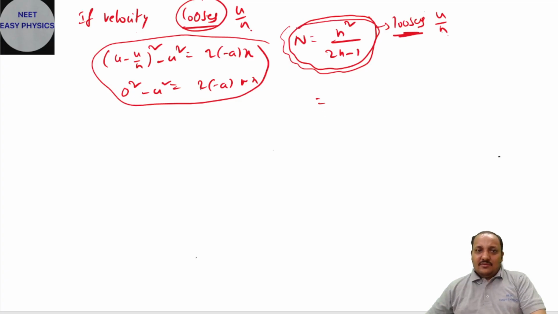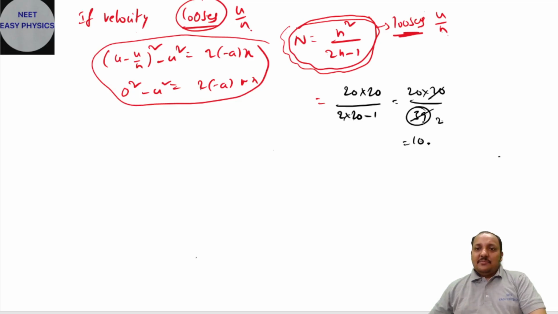Now, same question with 1 by 20th part: 20 into 20 by 2 into 20 minus 1, so 20 into 20 by 39. If you take nearly 40, this cancels 2 times, so you get 10 point something, because here it is 39. 10 point something means 10 planks are already crossed. By passing through the 11th plank, it is going to become 0. Therefore, 11 planks are required, they will say.